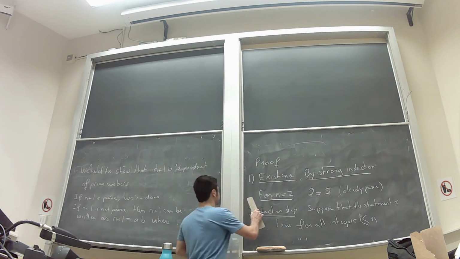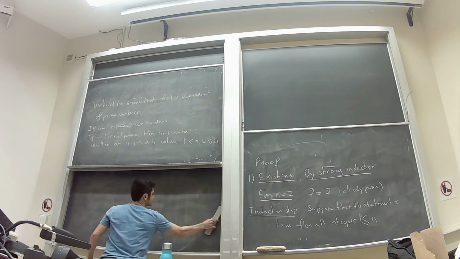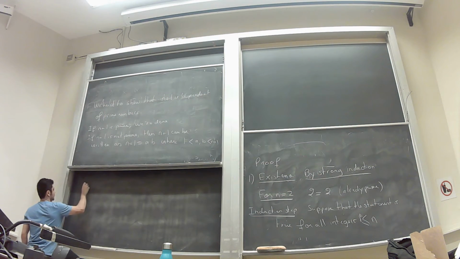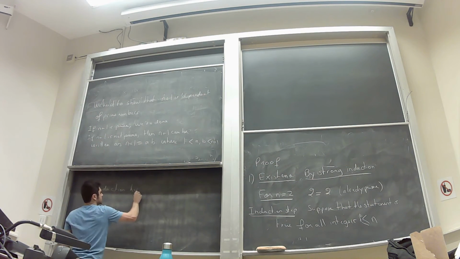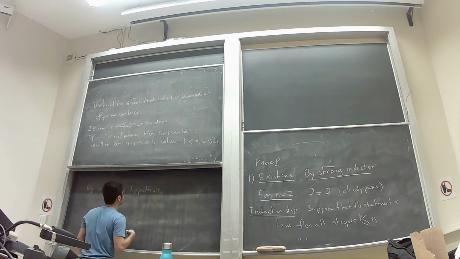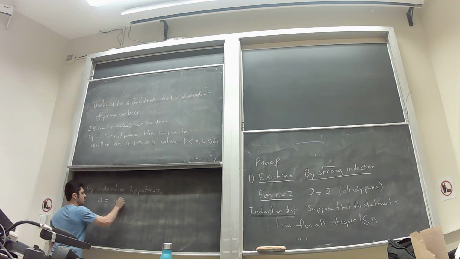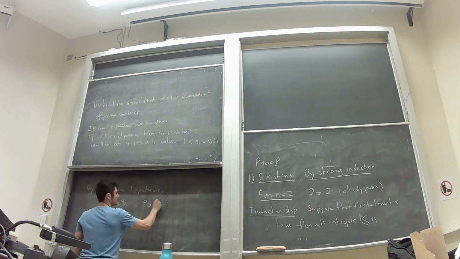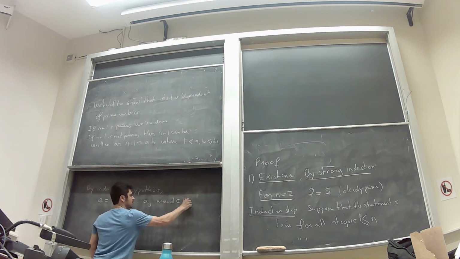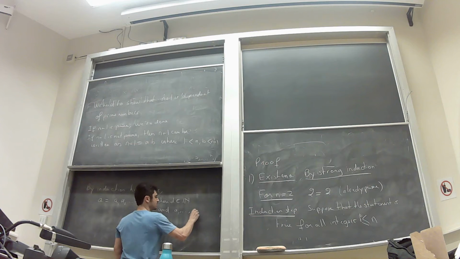By the induction hypothesis, A can be written as A1, A2, up to AD, where D is in N, and A1 up to AD are prime.